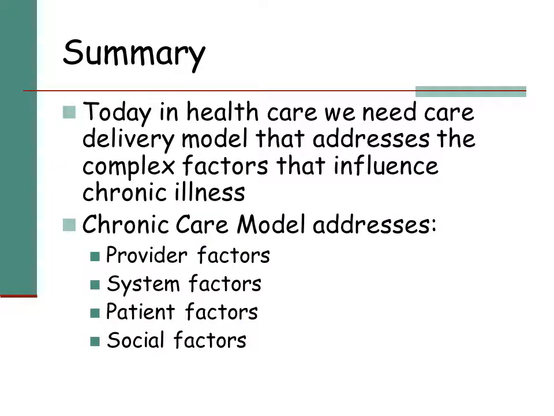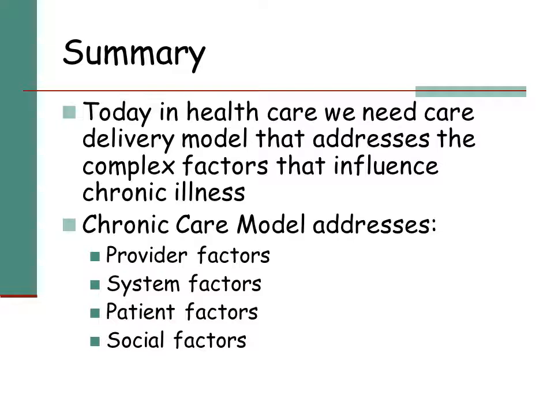So in summary, talking about the chronic care model, in healthcare today, we need a care delivery model that addresses complex factors that influence chronic illness. It's not just telling people what they're supposed to do and giving them their prescriptions. Even accessing their medications is sometimes a challenge, and I know you all know that perfectly well. We all live that and know it, but we haven't done much about it.